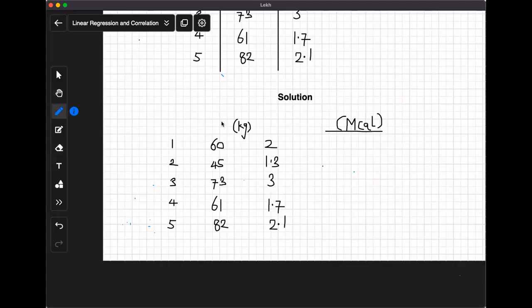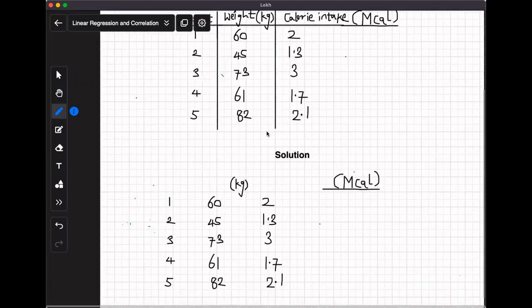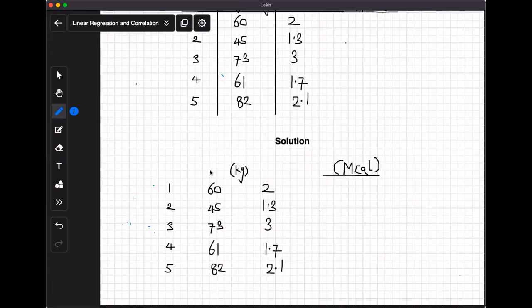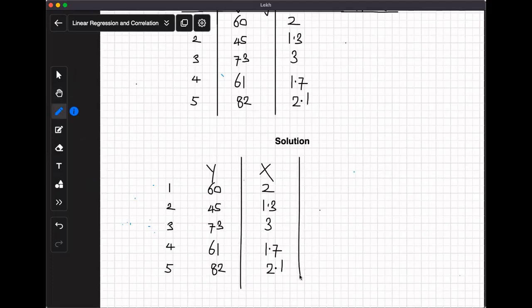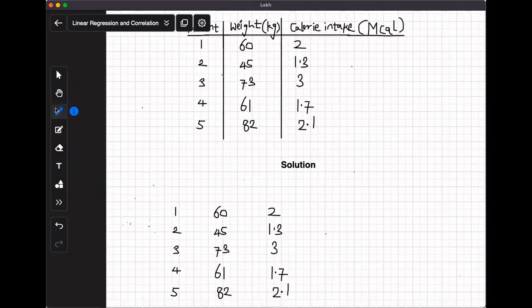So we said the weight is dependent on calorie intake. So this is our Y, this is our X, right? It's actually a good idea to make sure that you're writing what should be written there.